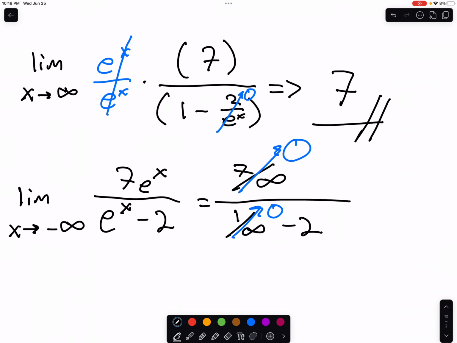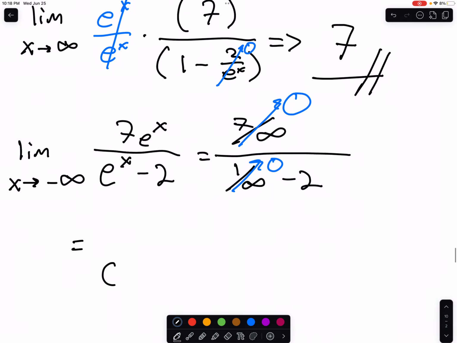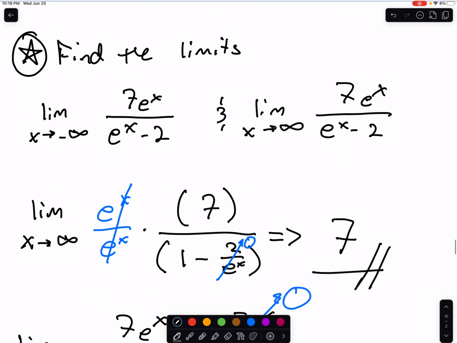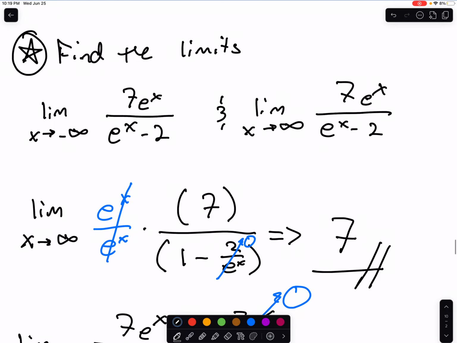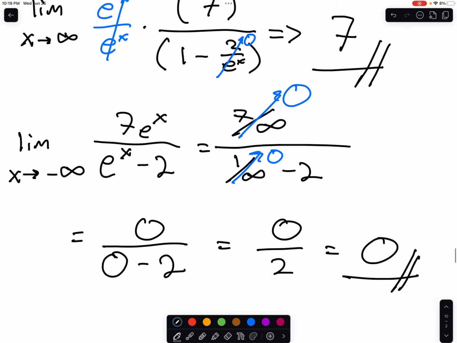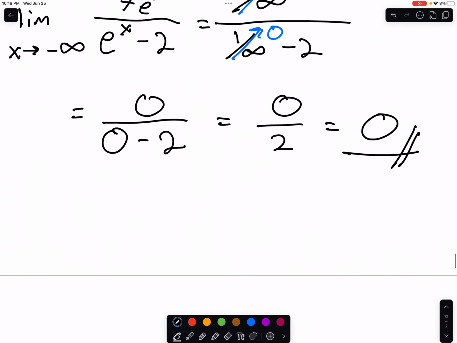So then ultimately what we have going on here is 0 minus 2 under 0, which is 0 over 2, which is 0. Right? So it looks like as we go off to the far left, the function tends to 0. And as we go off to the far right, the function tends to 7. At least that's what I got when I did it here. Almost like an S shape. Okay, that was that one.